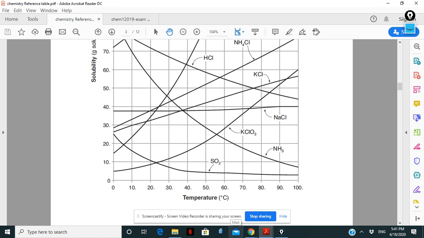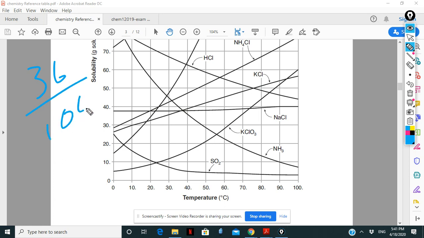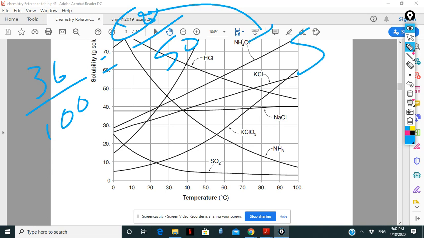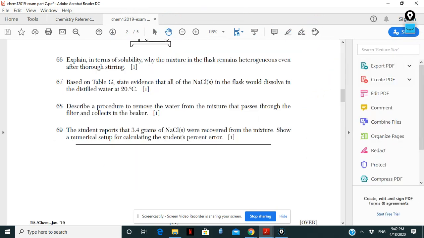For the 50 grams we use, it should dissolve 18 grams, but the sample has only 3 grams. So for sure it's going to be soluble.